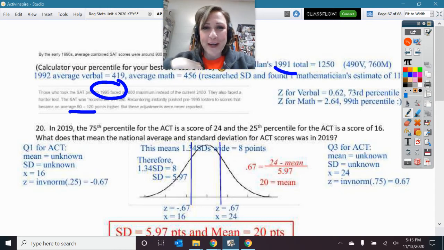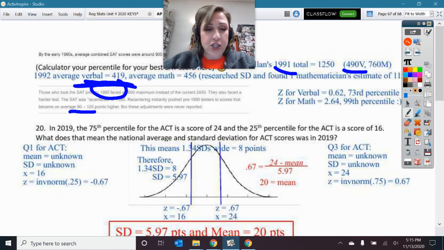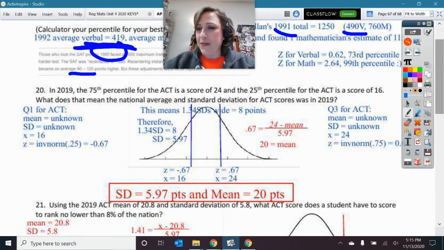So that made me feel better, because my verbal was a little above the average, but it doesn't seem so bad because back then the averages were much lower. Anyway, I was in the 73rd percentile for my verbal, 99th percentile for my math.